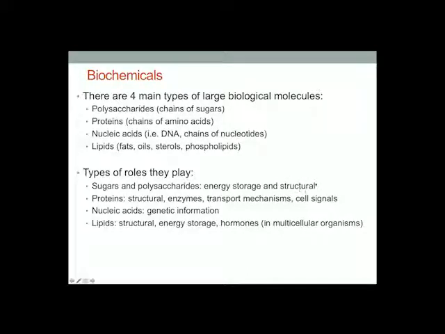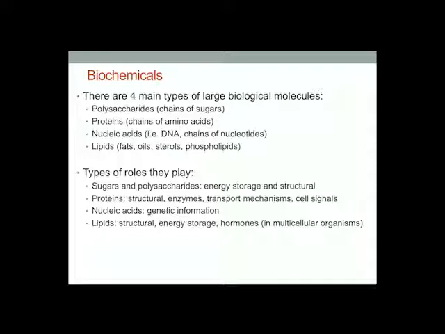Now, proteins have a variety of different roles, and some of the most important ones is that they can form structural molecules, but also proteins are what makes up enzymes, and enzymes are very critical to the functioning of all forms of life, because it is enzymes that allow the chemical reactions that make life happen to take place, and to take place in an efficient way. So enzymes are kind of the workhorses of the cell that make everything move and work.